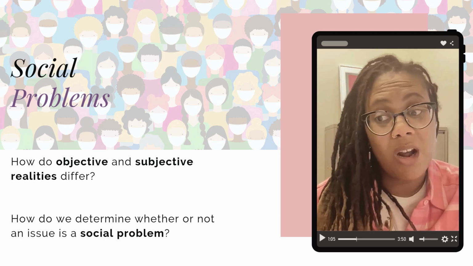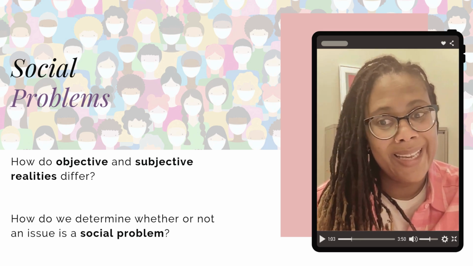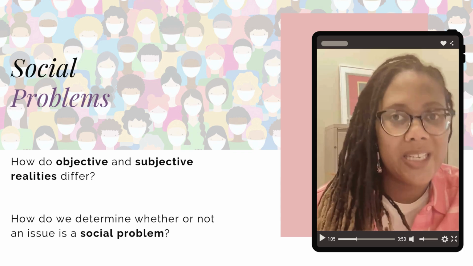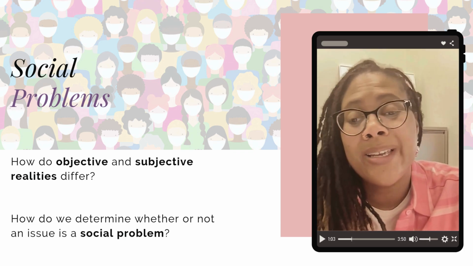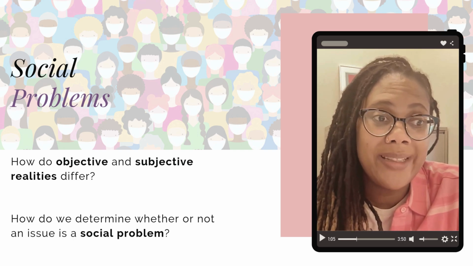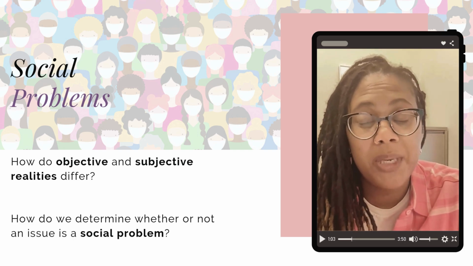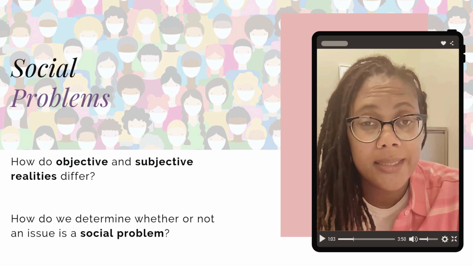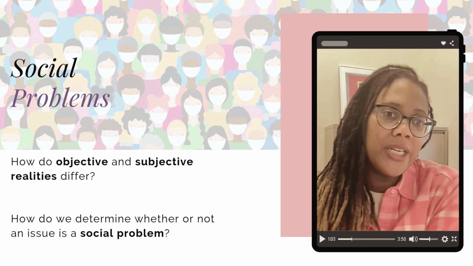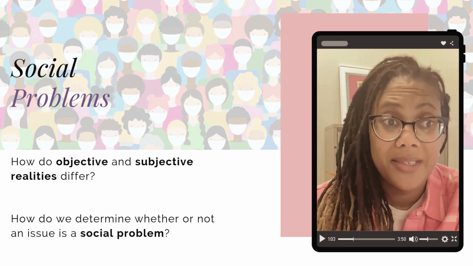And sometimes it's hard to convince people. And believe me, as a sociologist, this is my day-to-day experience. It's hard to convince people that the objective reality is the truth and that their subjective reality is really being colored by their experiences. It takes that sociological imagination to be able to determine the difference.